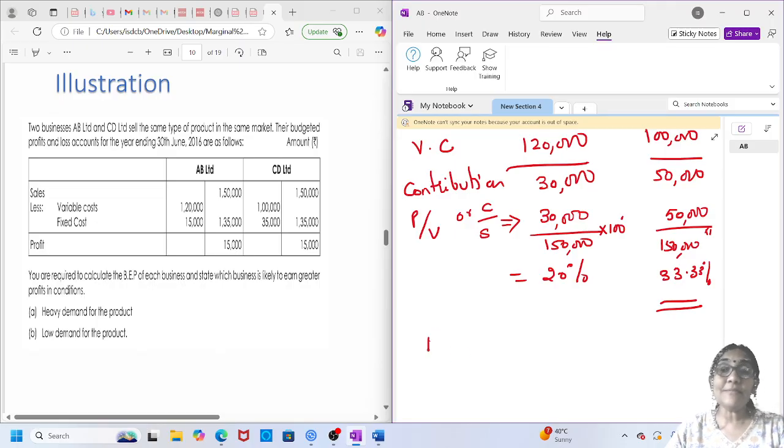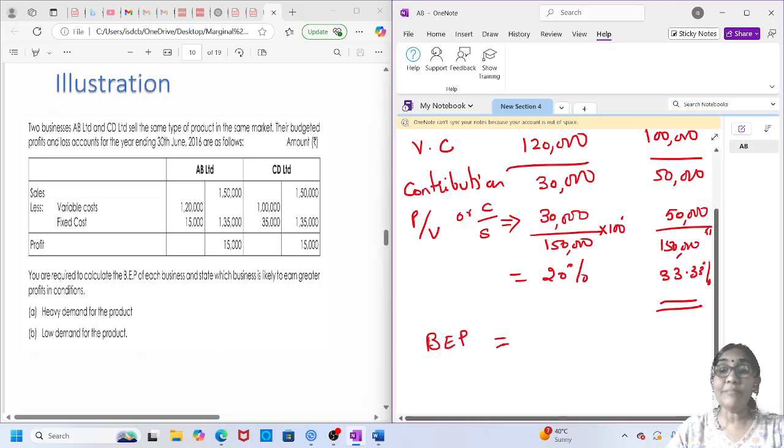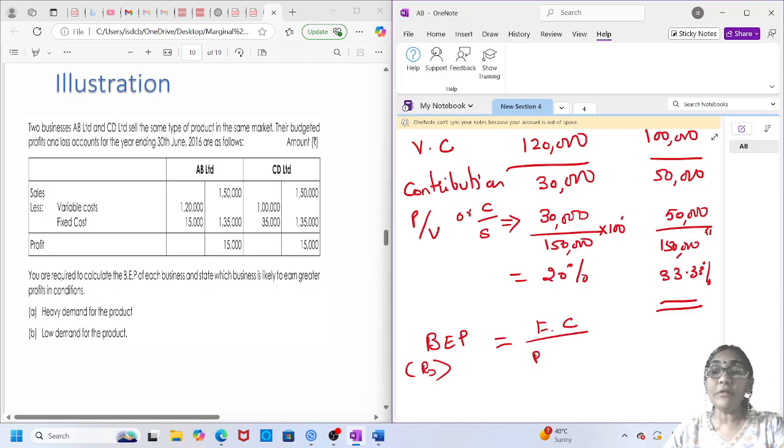Now in this case, BEP is calculated. This will be BEP in rupees, sales volume, right? So in this case, it is calculated as fixed cost upon the PV ratio. Now here the fixed cost is 15,000 and here it is 35,000.